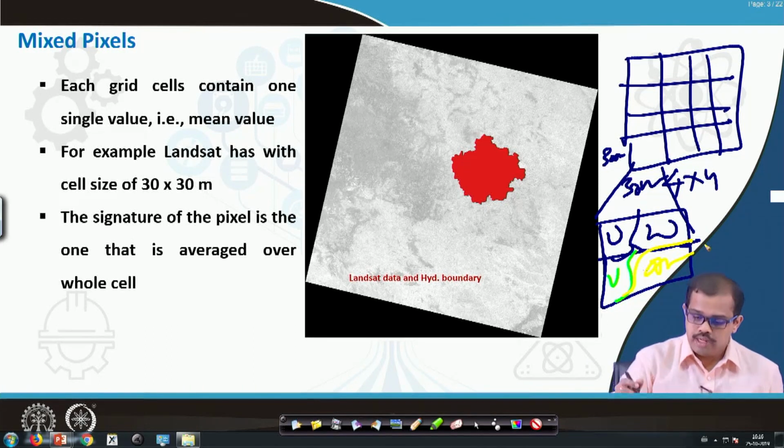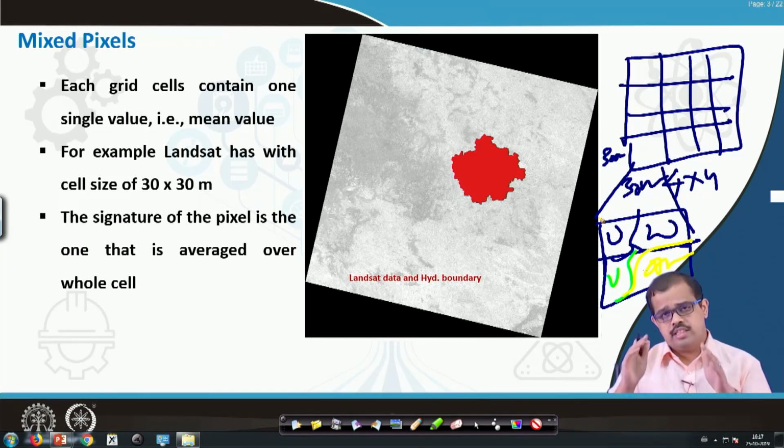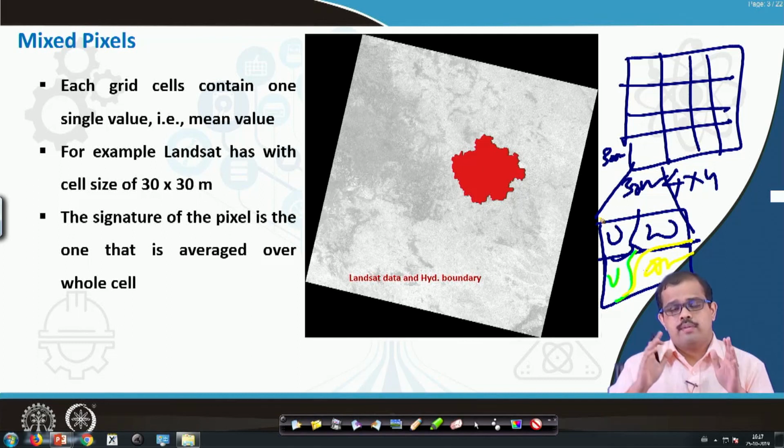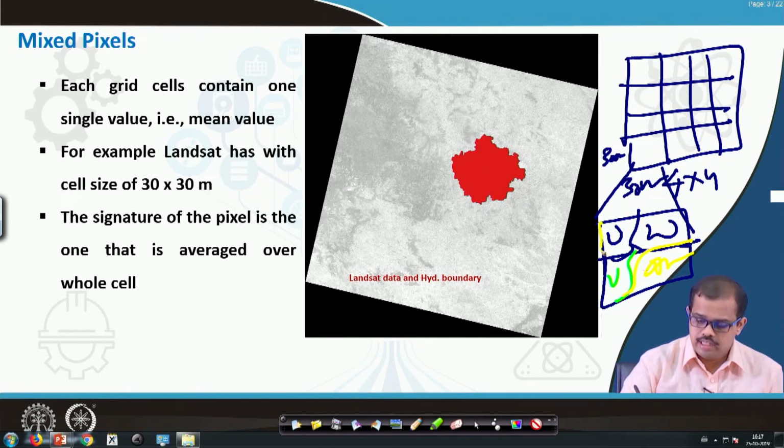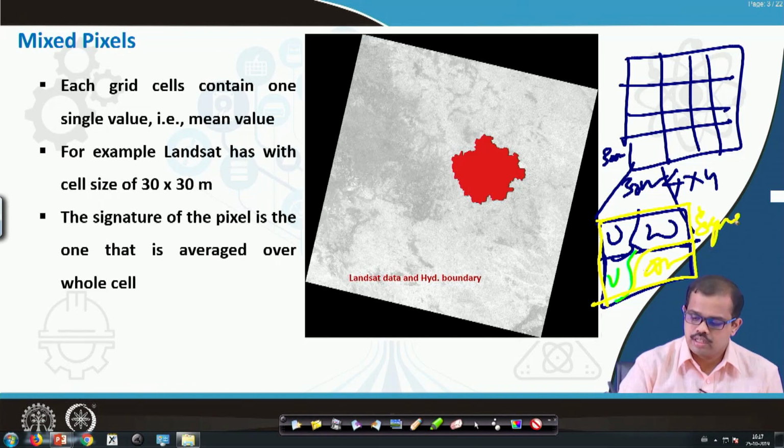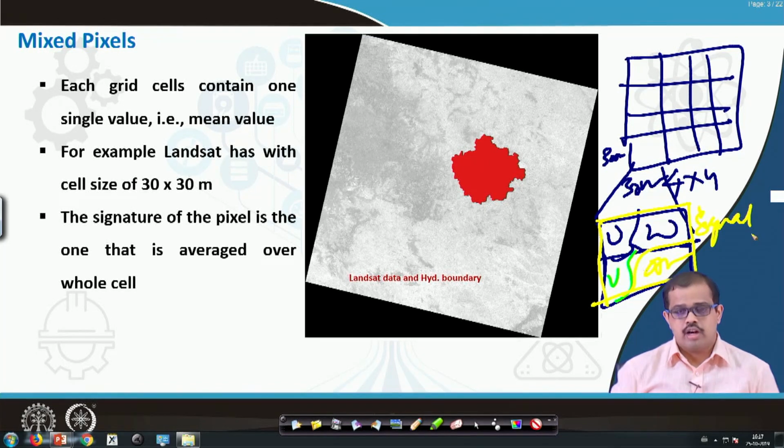Now what happens when this particular cell, after imaging, is converted from an analog signal into a digital signal where it is sampled, is that this entire region will be converted into just one signature. This signature belongs to a particular class, or a digital number that belongs to a certain class.